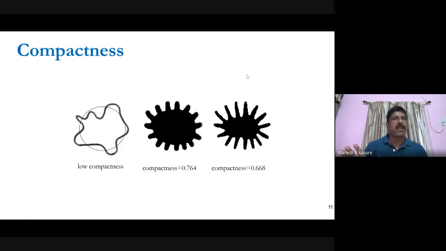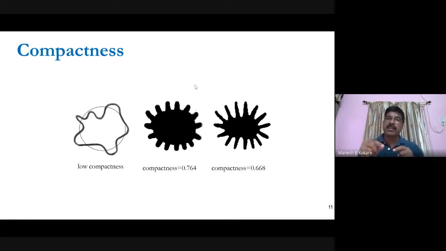No. So compactness is rotation and translation invariant, and if you are normalizing the things, you can obtain scale invariance. Means if the same shape is there but of small scale, and you normalize between the perimeter and area, then you can obtain the scale invariance property of compactness. So compactness is scale invariant, rotation invariant, and translation invariant.